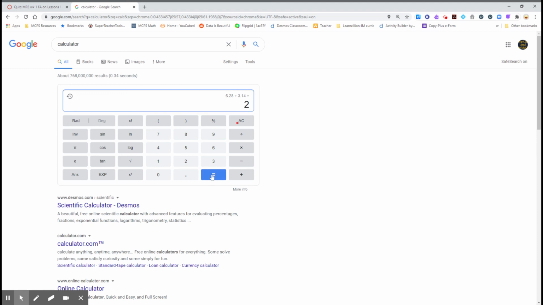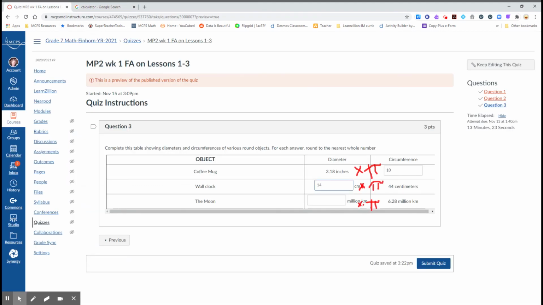And we get exactly 2. So the answer is 2. And that's how we find all 3 answers.